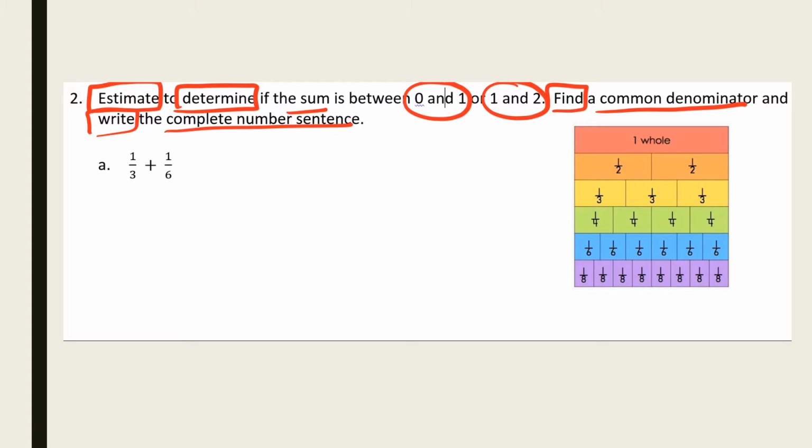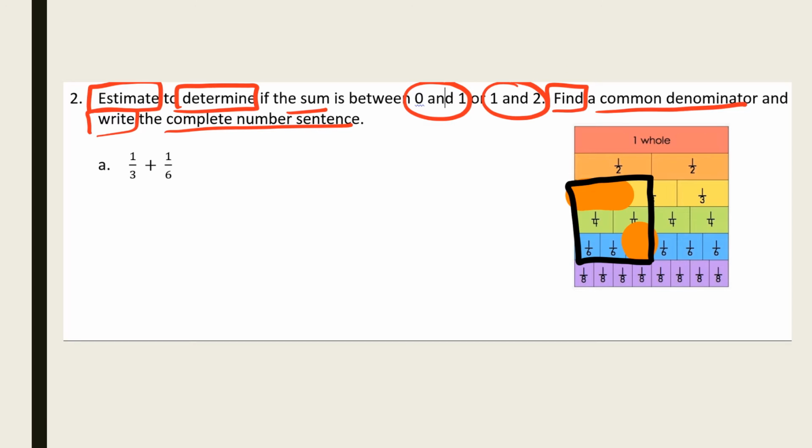So I have 1/3, and if I think about fraction tiles, which we've used in class, I see 1/3 here, and we are adding on another sixth. So if I'm adding those two things together, I'm going to get to about this mark.